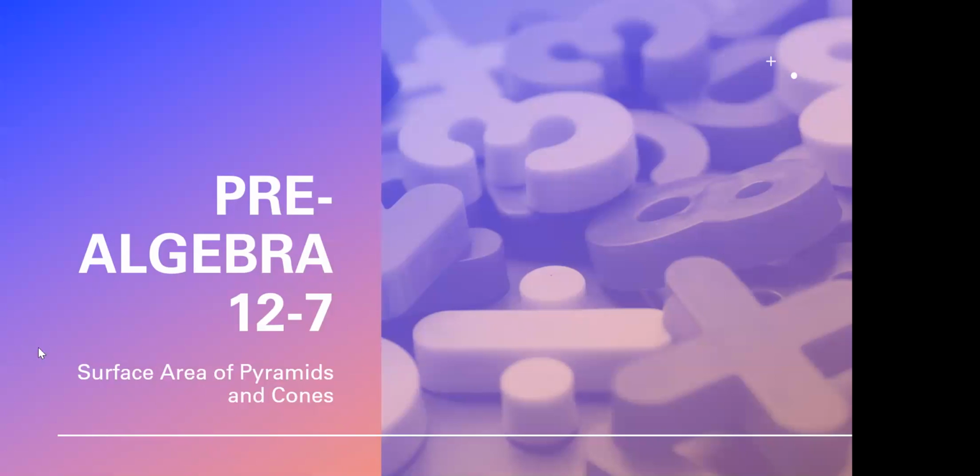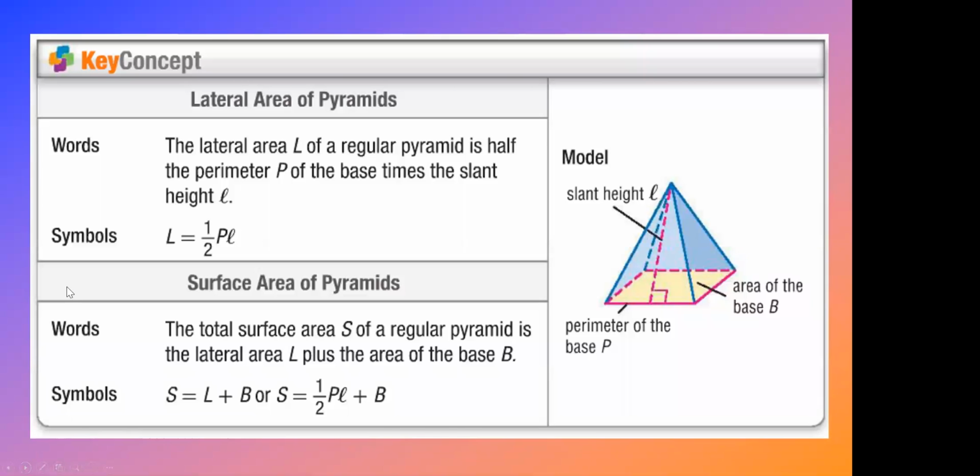All right, so we're just going to go over some examples and some of the notes that are important. For the lateral area of a pyramid, we use this formula here: half of P, which is the perimeter of the base, times L, which is the slant height of the pyramid.